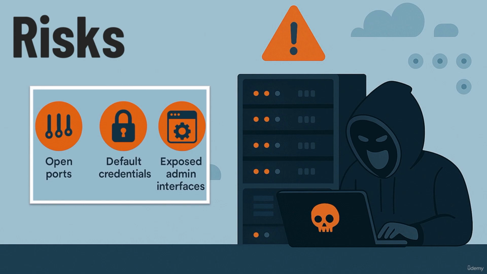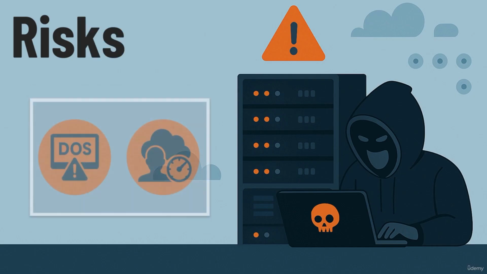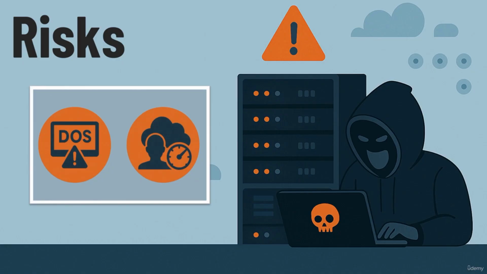In machine learning environments, the risks grow even further. Insecure model deployments, lacking proper authentication, encryption, or input validation, expose the system to many of the attacks we've already discussed. Poorly secured deployments can also open the door to resource exhaustion attacks, such as denial of service or distributed denial of service attacks.